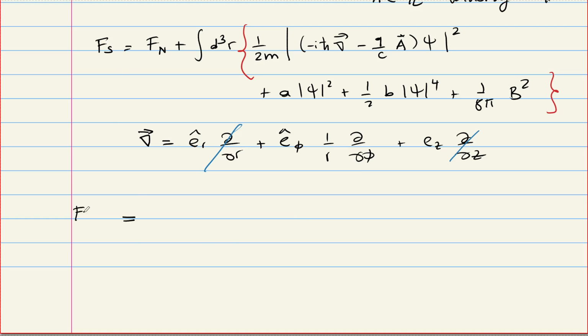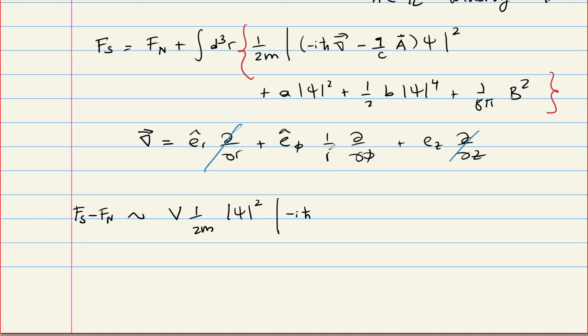Actually, these constants are also not important. Let me write it like this. The important term: because of this, there will be some volume. There will be 1 over 2m, some psi squared.